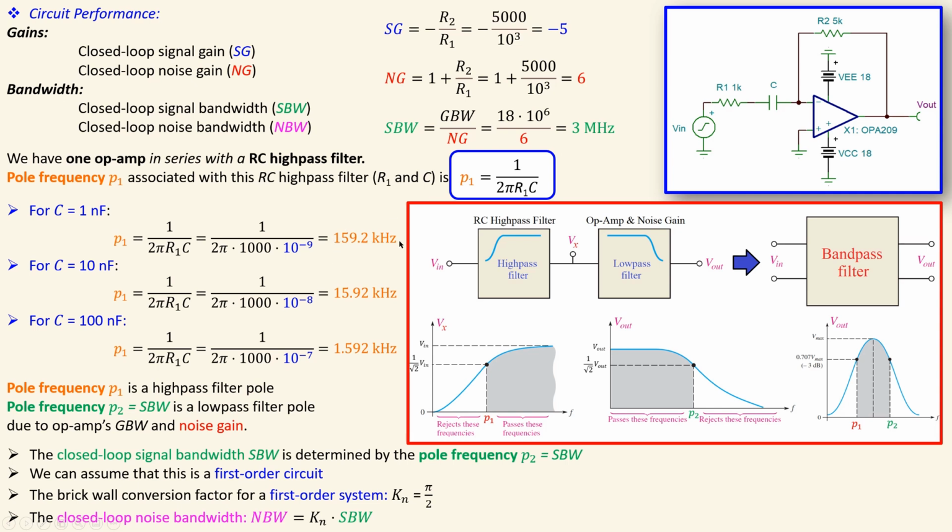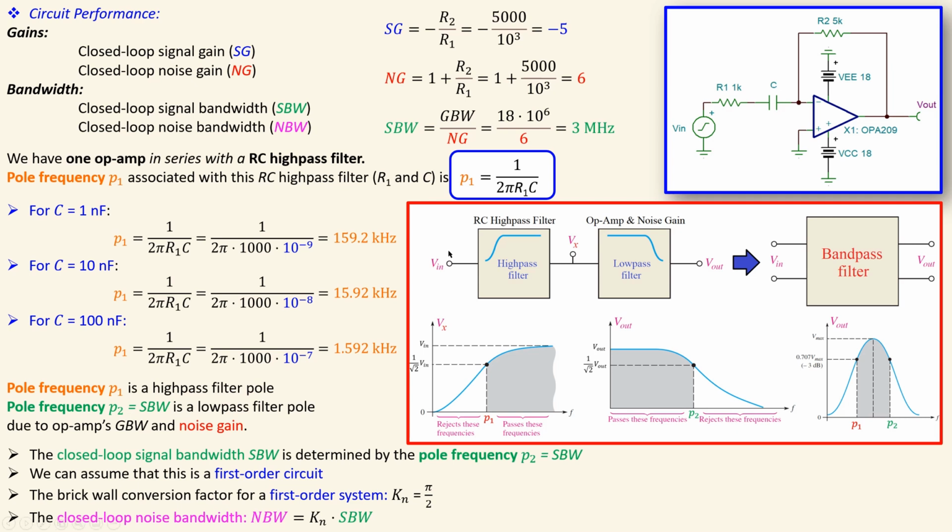This is certainly the case for these two capacitors. So you can see that the signal bandwidth will be approximately 3 MHz, and as a first approximation we can assume that the circuit will behave as a first order circuit.